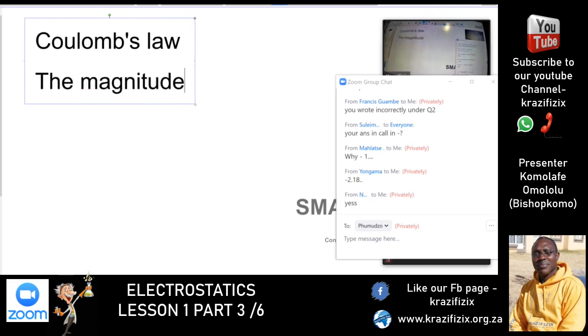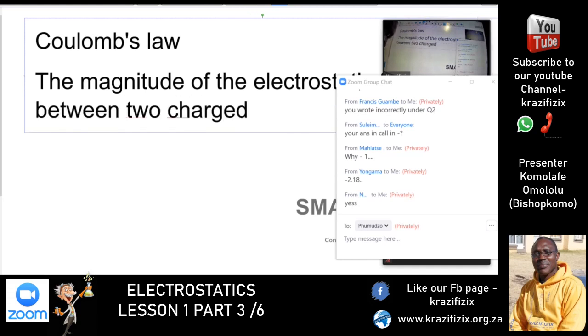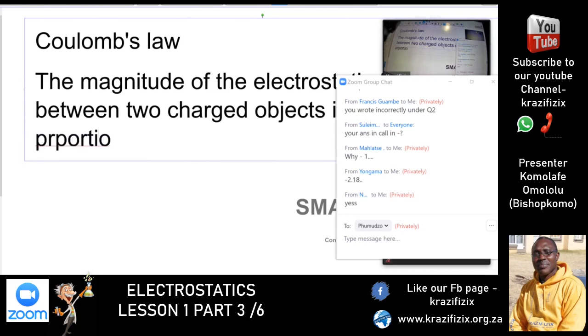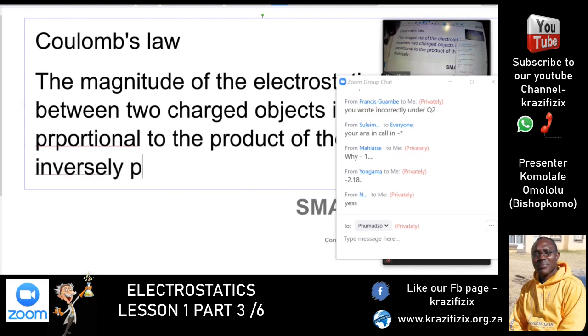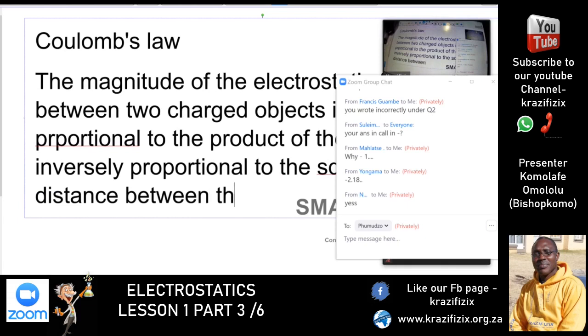The magnitude, very key word, of the electrostatic force between two charged objects or bodies is directly proportional to the product of their charges and inversely proportional to the square of the distance between them.